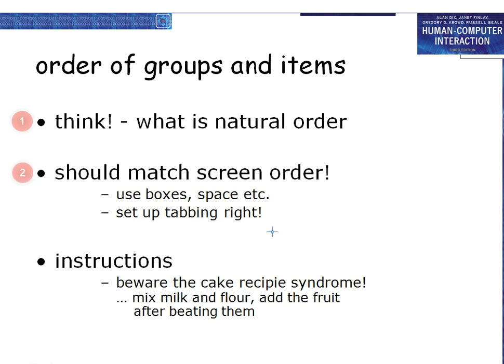The second is that it should match screen order. So we can use box space, or maybe set up tabbing right on our screen. On websites, most websites have tabbing right on the screen.